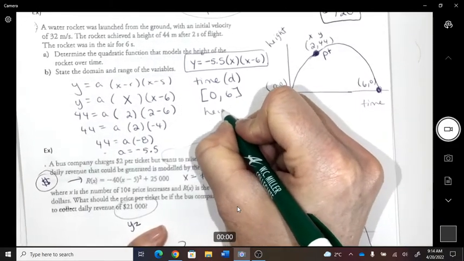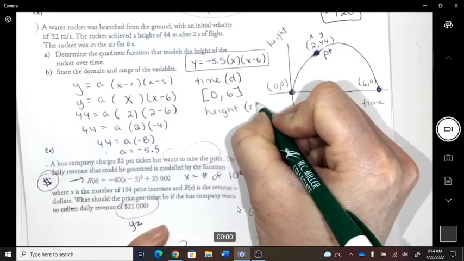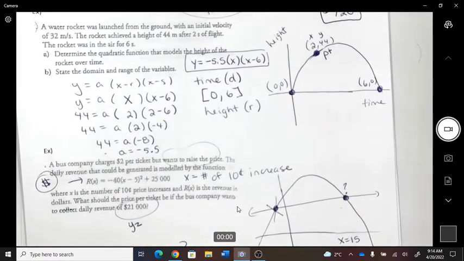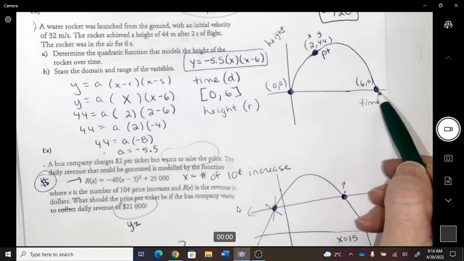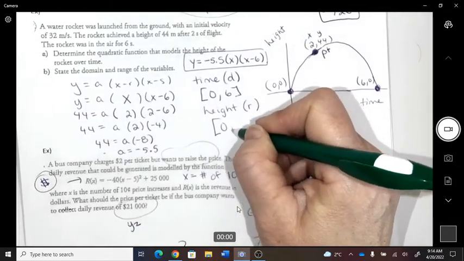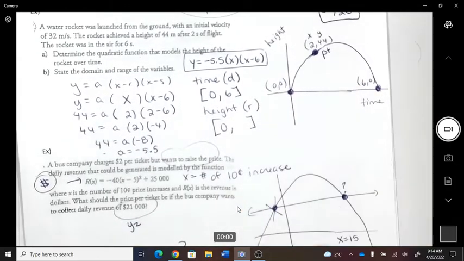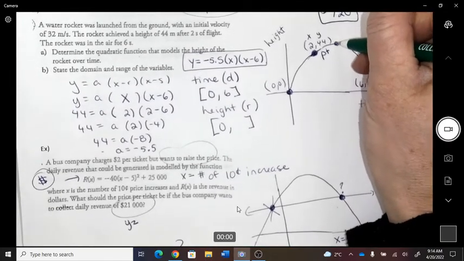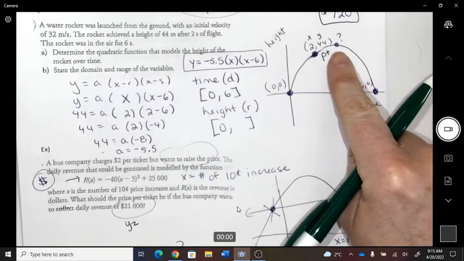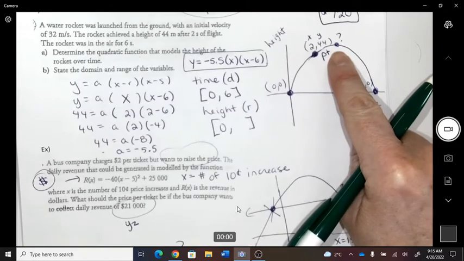And the height, which is the range. So the lowest height is the ground. And the highest height would be here, which I don't know.